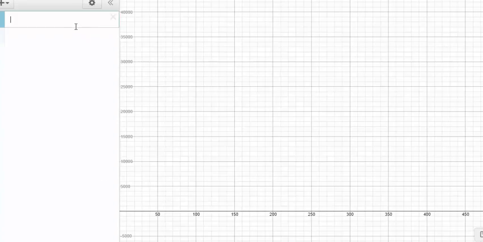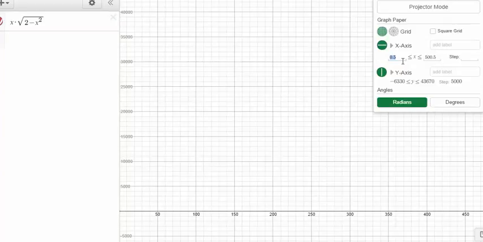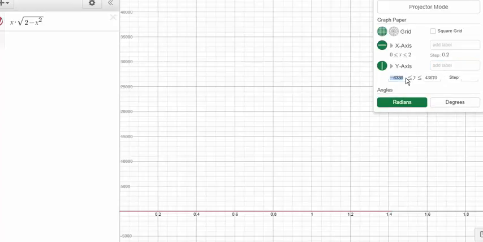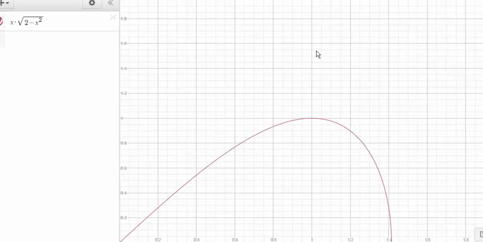Now, of course, my dimensions are off quite a bit. Our x values, we know, can be as low as 0, and it definitely can't go over 2. And we know that the y values also shouldn't go less than 0, but they shouldn't go more than 2.